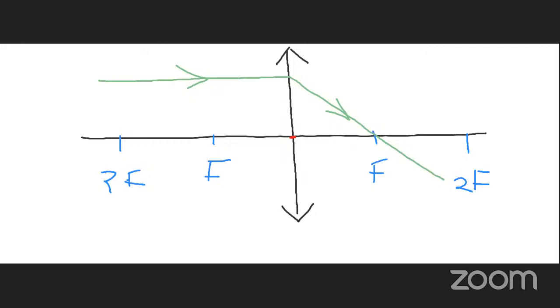Are you seeing this? Yes. And then we say that a lens has two refracting surfaces. This is the first refracting surface.